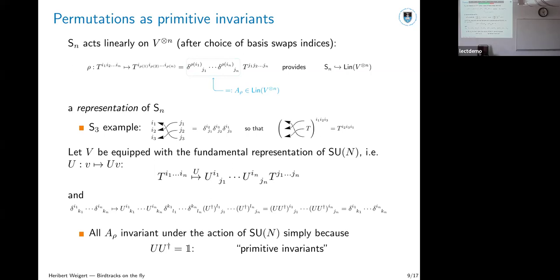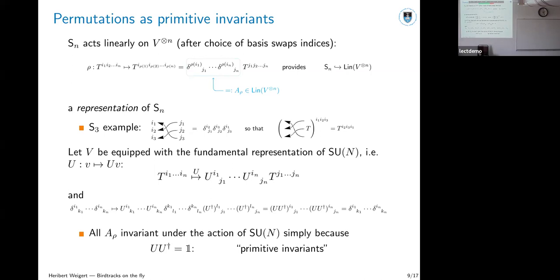Interesting enough, right? Let me just take an S3 example and write the same thing as birdtracks. This is what the birdtrack instructs you to do, and now you see this is just a product of Kronecker deltas that you can express this way.